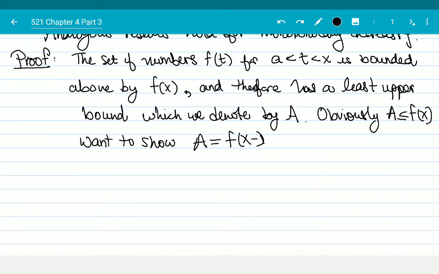Okay. So let epsilon be greater than 0 be given.